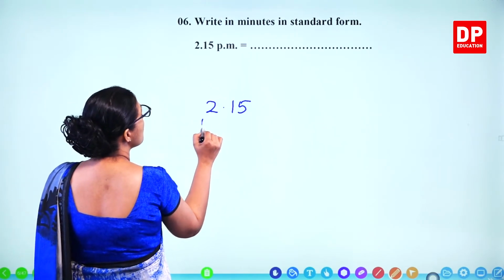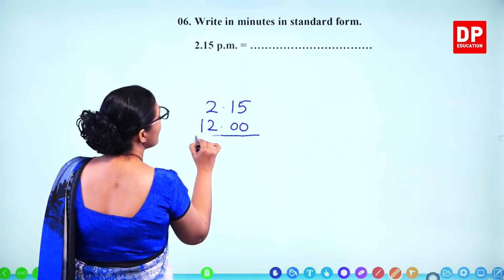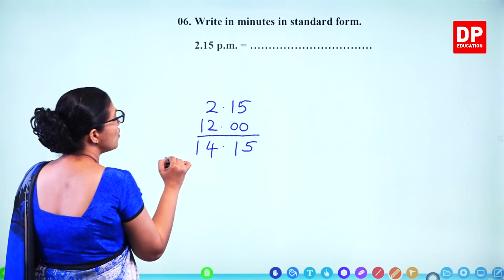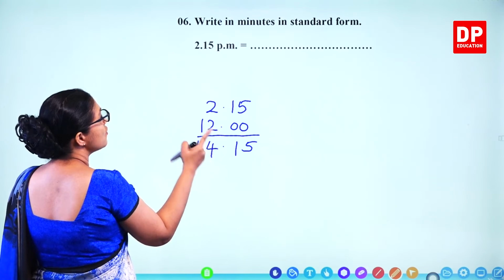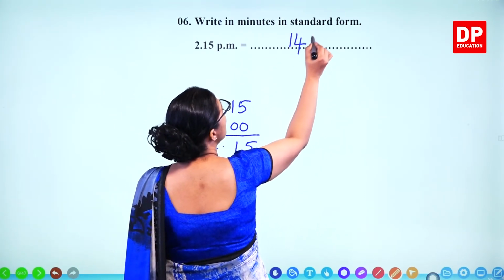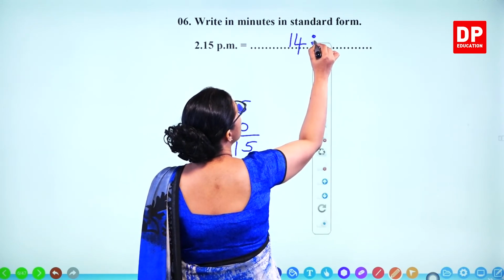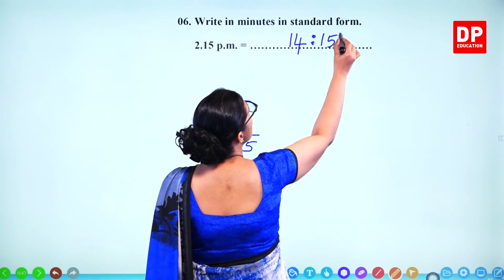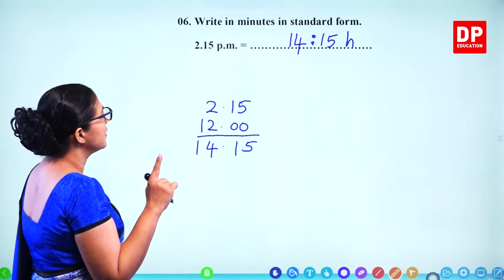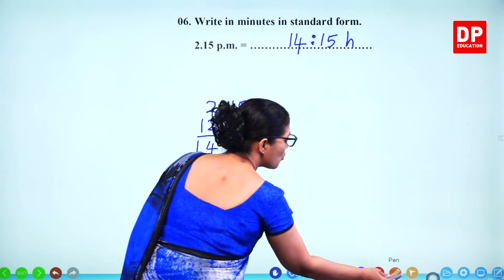So 2 plus 12, you get 14, 15. So how you write down in standard form? You put a colon. 14:15 hours. So that's the correct way of writing. So you get 2 marks.